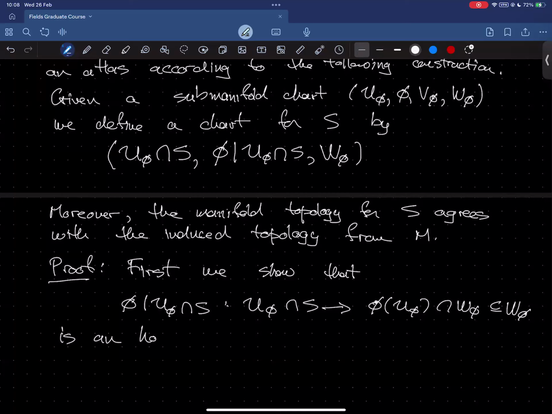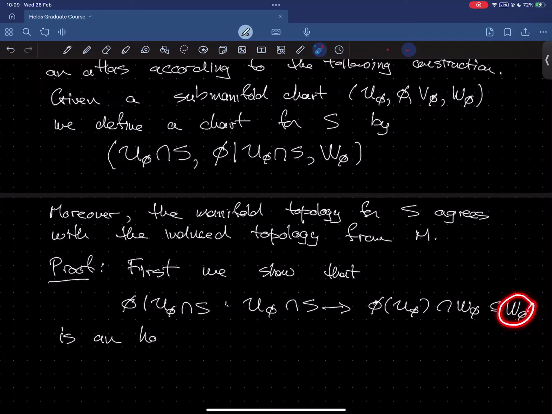And what that will do is make sure that the topology on here agrees with the induced topology on here from M. Because the topology of W phi is the induced topology from V phi, the big space where the chart takes its values.